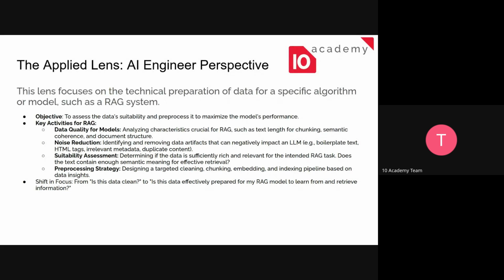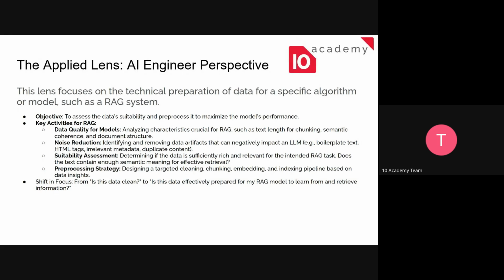Since we understand the concept of RAG, one of the main steps is the semantic understanding of the words. If words have no semantic meaning, or if we do not understand the semantic definition of that word, it will be hard to retrieve effective data from our context. So we need to understand if that data contains enough semantic meaning.